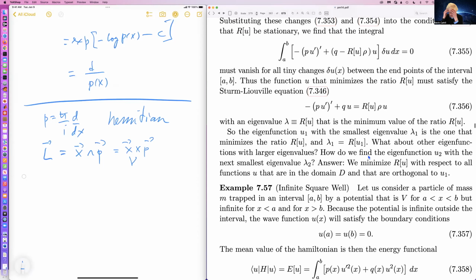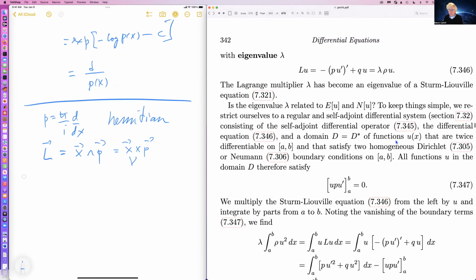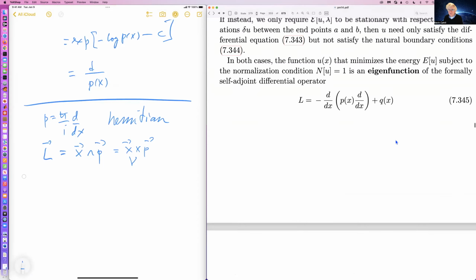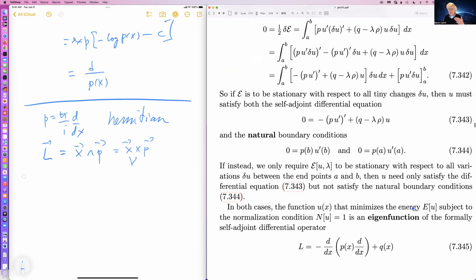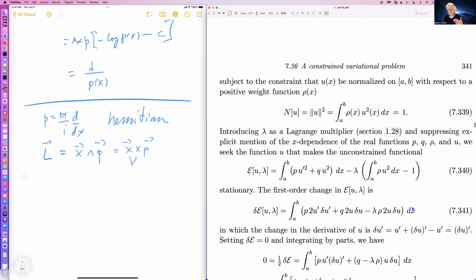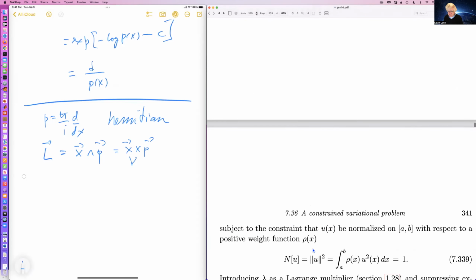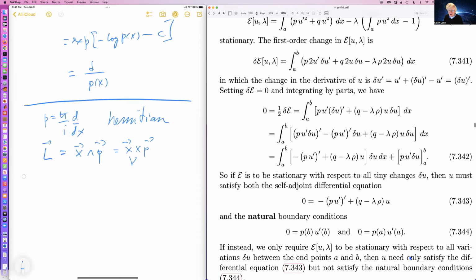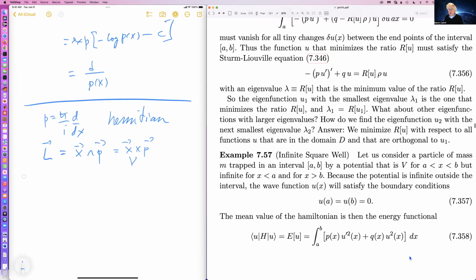So the bottom line here is that if you have one of these self-adjoint systems, so let's go back to here. If you have a self-adjoint system like this, then the functions that minimize the energy subject to the boundary condition are those that satisfy the Sturm-Liouville equation.